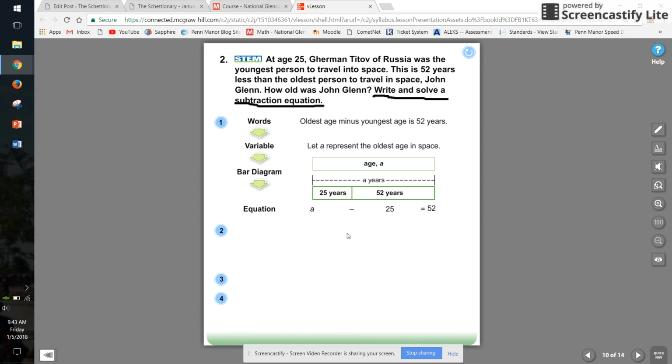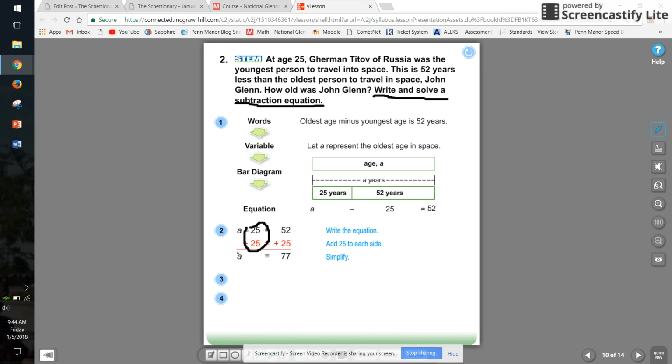Our addition property of equality tells us that we're going to add 25 to both sides to solve this problem. When I add 25 to the side that has the variable, A in this case, it isolates the variable, leaving A all by itself.